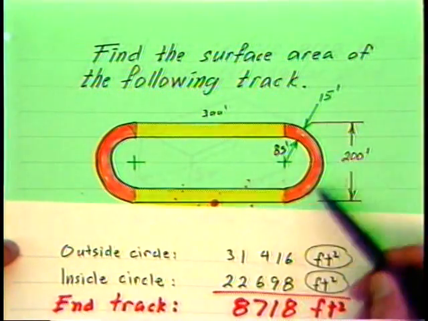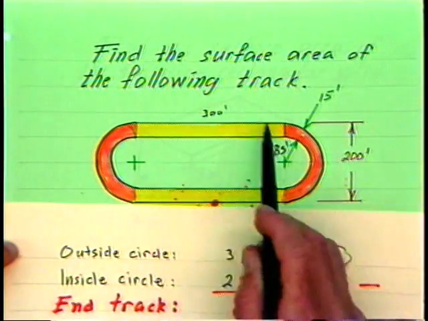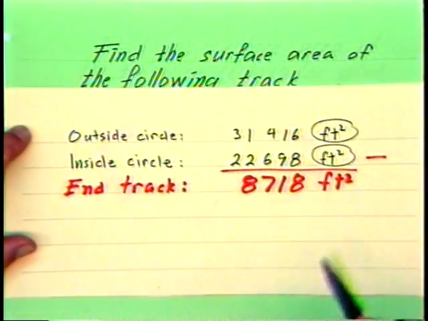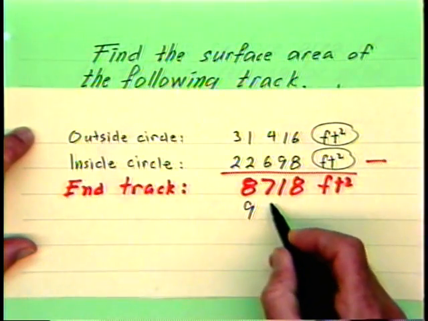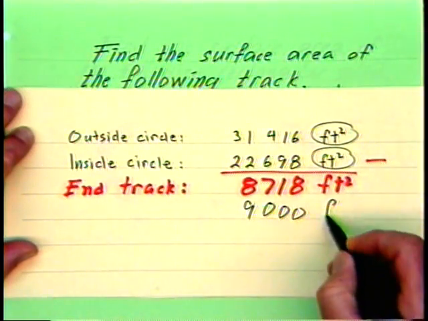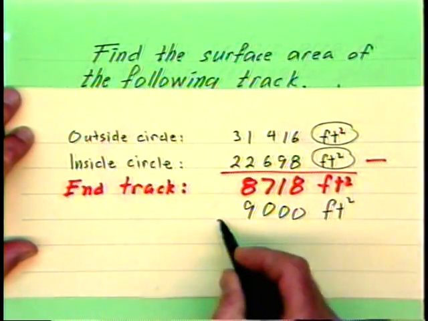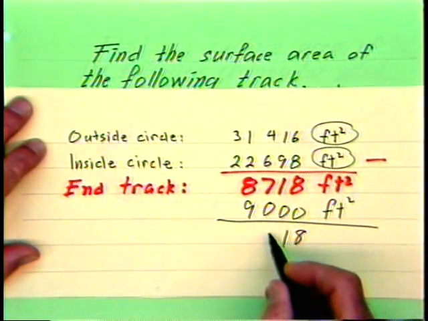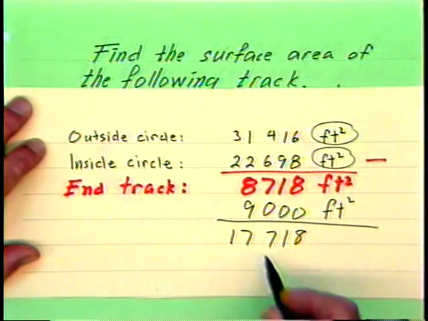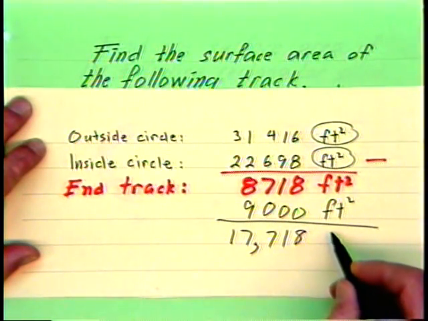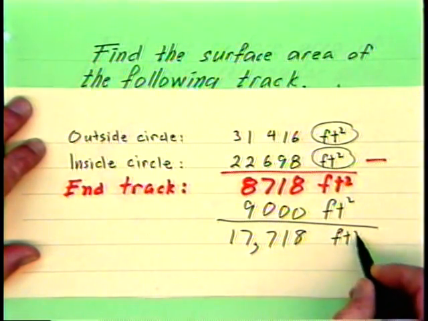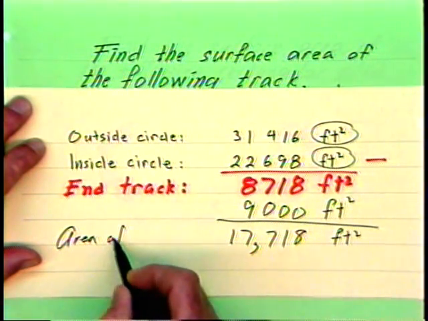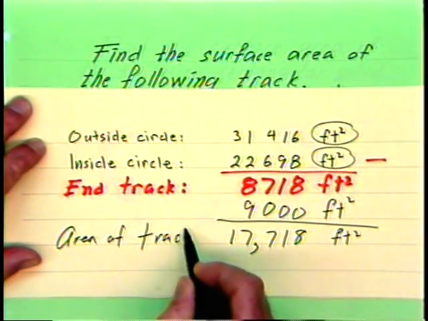Now to these two ends, we want to add the two straight stretches, which was 9,000 square feet. Adding those, we would get 17,718 square feet is the area of the track.